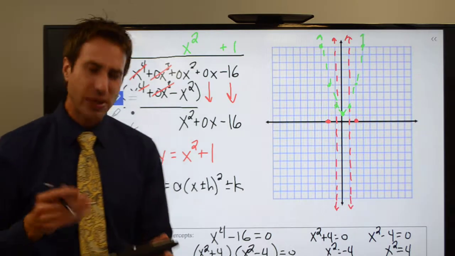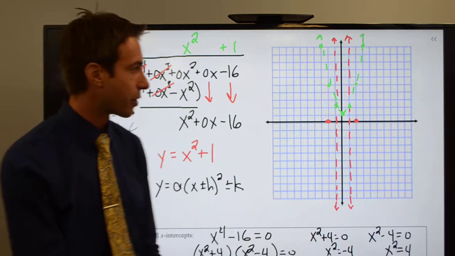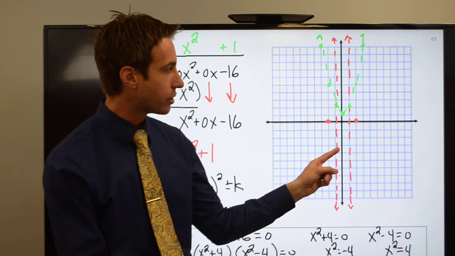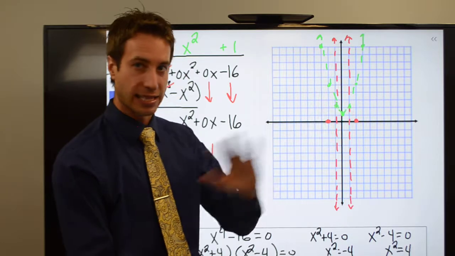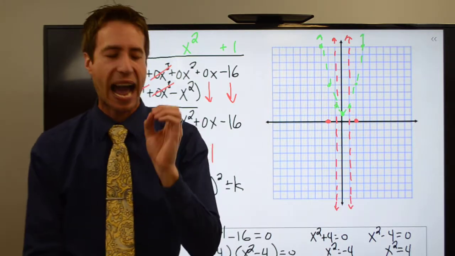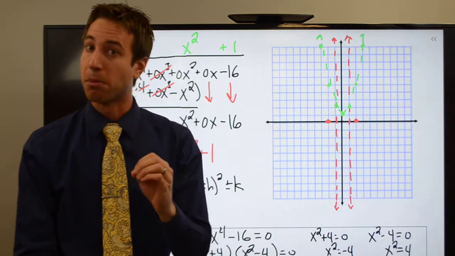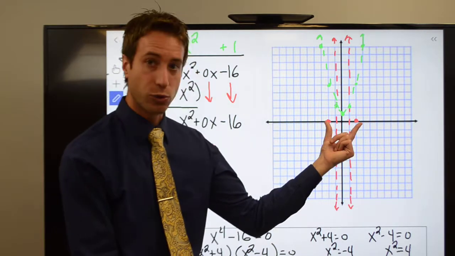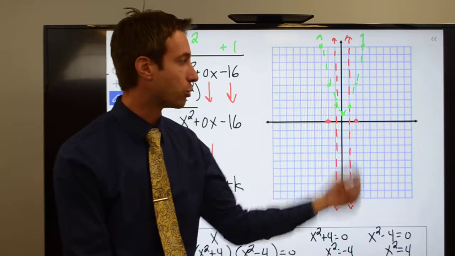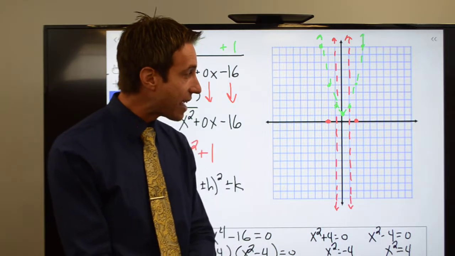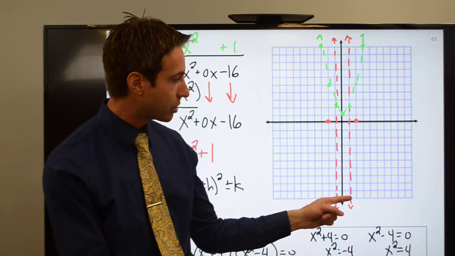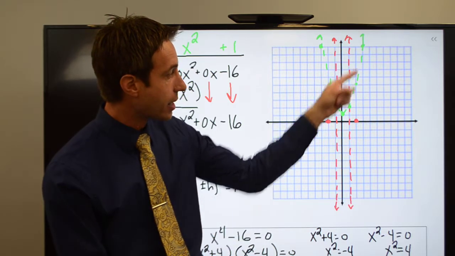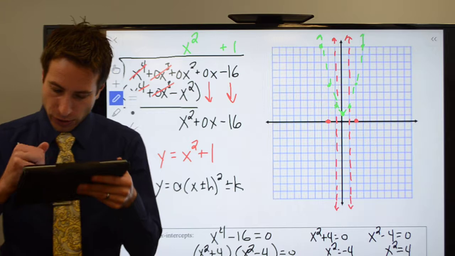All right, guys, let's see if we can put these pieces together. I am not allowed to touch the red dotted lines or the green dotted lines. Can't touch those. I have to get really close to them, but I cannot touch them. And the kicker is I have to go through these points, right? It has to go through these points. Well, the only way that works, the only way I can get really close to this line and get really close to this line and go through that point is if it looks like this.